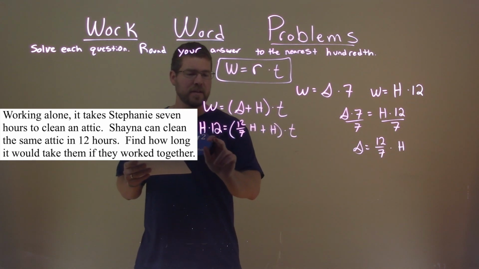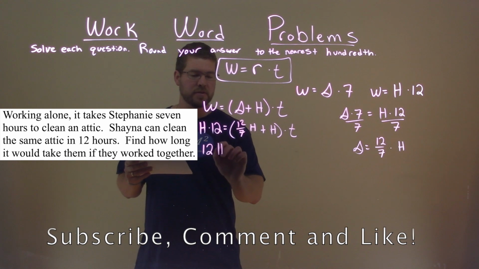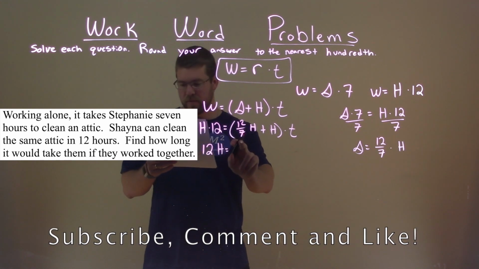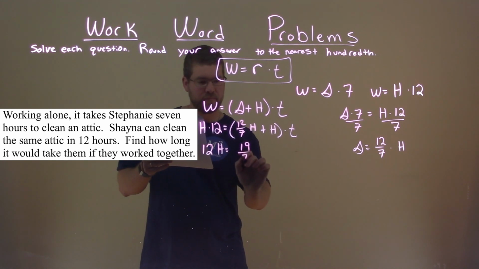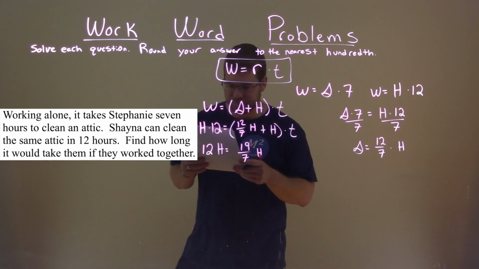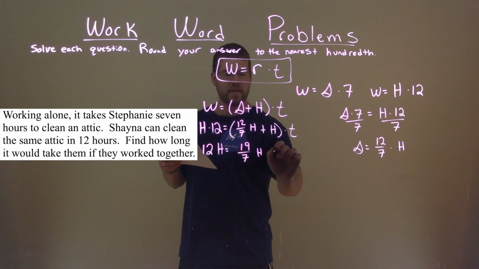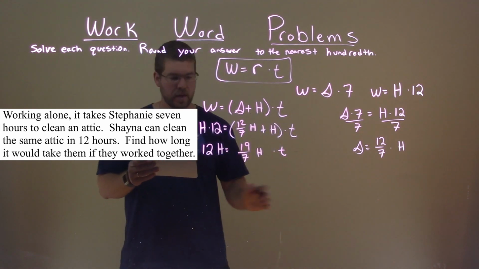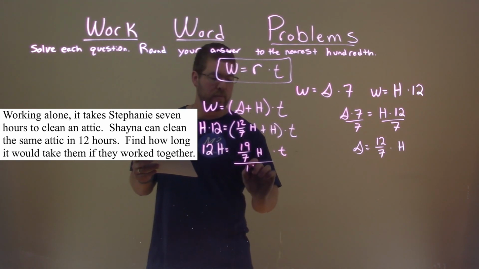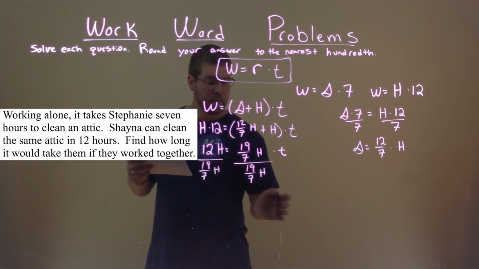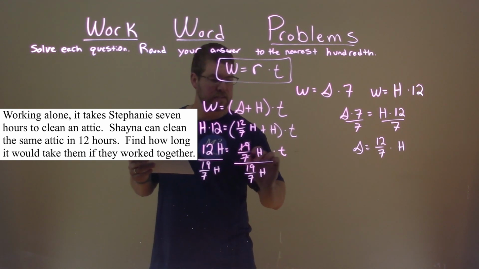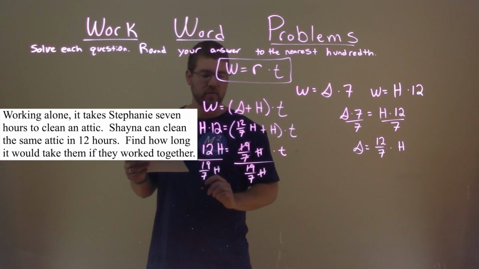So instead of H times 12, I'm going to rewrite this as 12H. And then I'm going to add 12/7 H plus 1H, which is 19/7 H. And don't forget the times T. And now I'm going to get T by itself, so I'm going to divide both sides by 19/7 H. And I'm left with, well, look, 19/7 and the H variable cancel here.